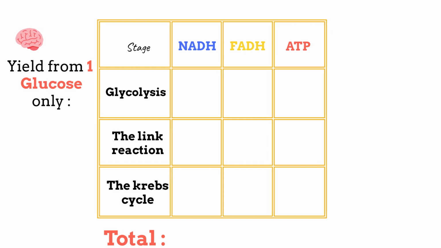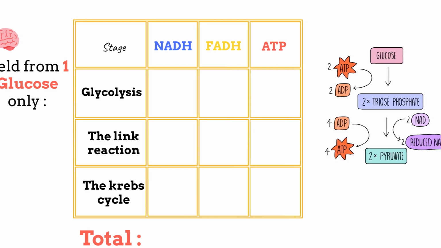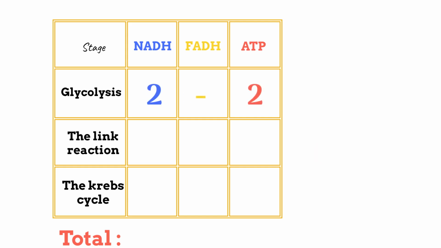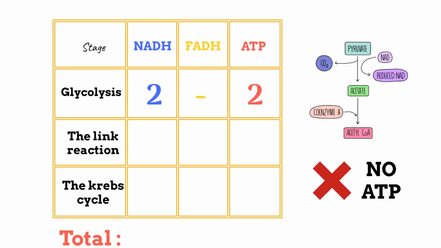Okay, let's start with glycolysis. Remember, glycolysis has a yield of 2, 2, 2. That is 2 ATPs, 2 reduced NADs, and 2 pyruvates. The link reaction does not have a yield of ATP.